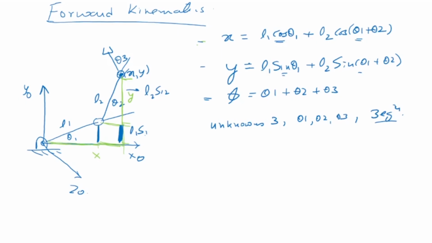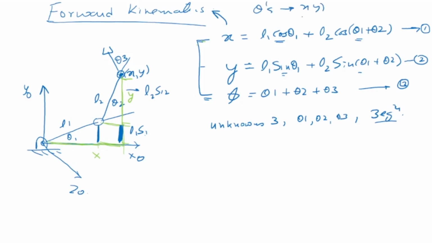Okay, so the standard way of solving this is you have one equation here, two equations there, and this is the third one. Because we observe that there is a cos and a sine, in order to solve it... So in forward kinematics, given thetas, find xy.